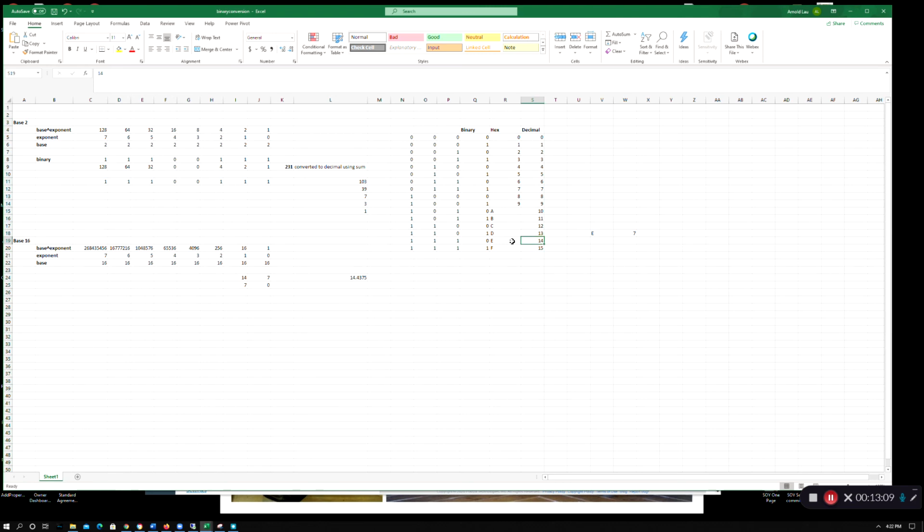See 14? That lines up with the hex of E. So that's an E right here. And then the next character is 7. So 7 is 7, decimal to hex, and you get an E7. Okay, so that's one way to convert that 231 into hex.